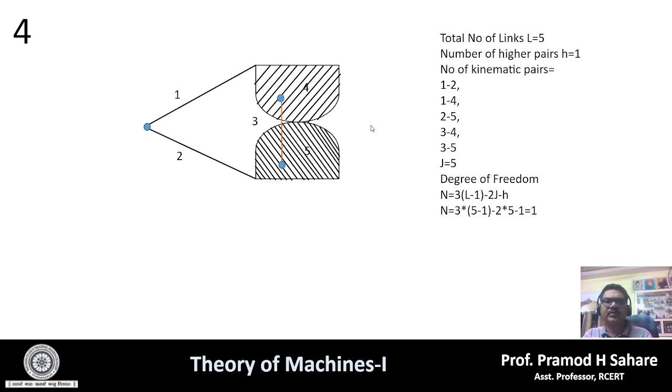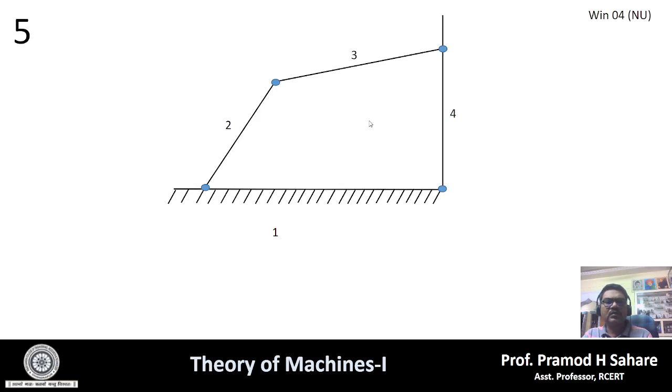Then fifth example. So here, as you can see, this is a 4-bar chain. So number of links as usual 4. Then number of higher pairs, no higher pairs involved, so value of H will be 0.